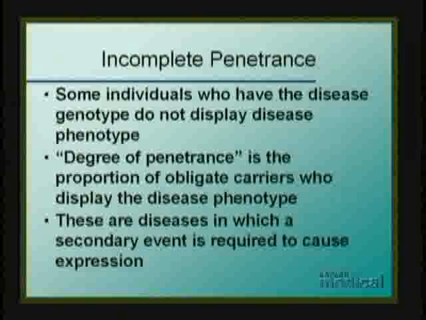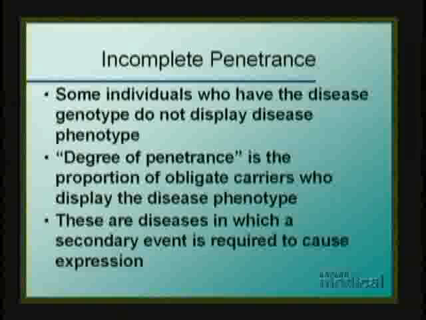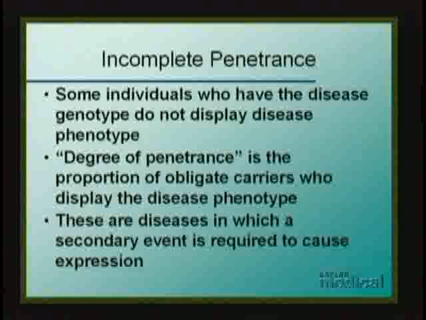That person should have the disease, but they are perfectly fine. They have no symptoms whatsoever. That is referred to as incomplete penetrance, when the person has inherited the mutations, has the genotype that says they should have the disease, but does not.